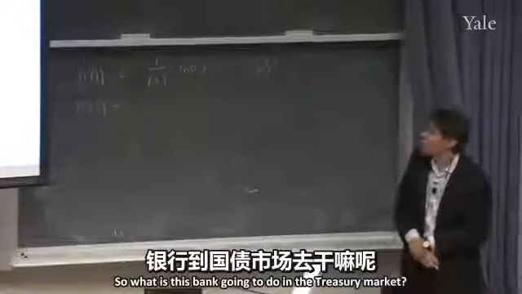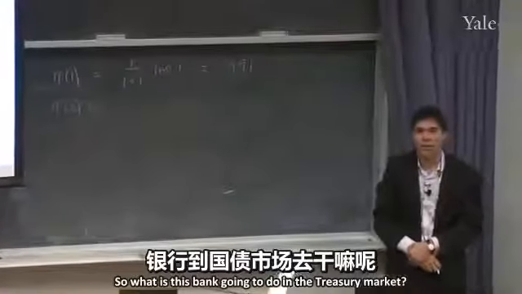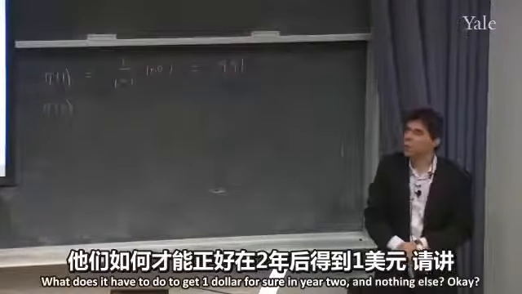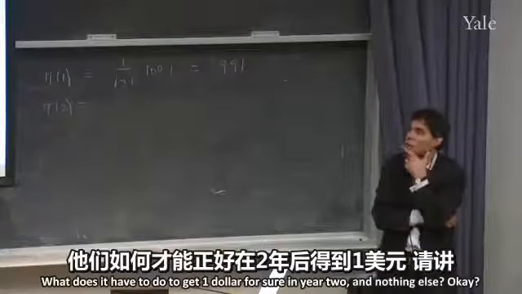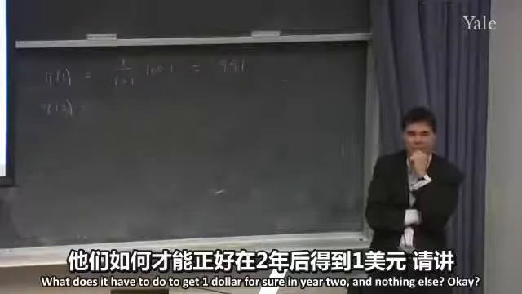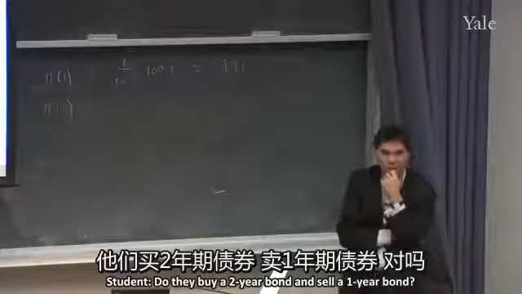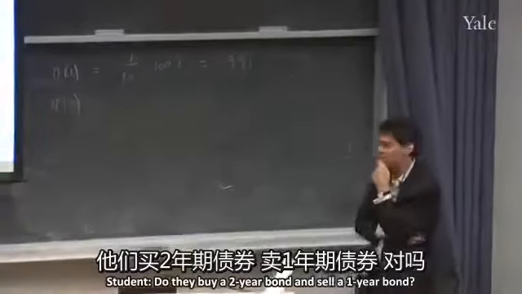So what is this bank going to do in the treasury market? What does it have to do to get $1 for sure in year 2 and nothing else? Could they buy a 2-year bond and then sell a 1-year bond?